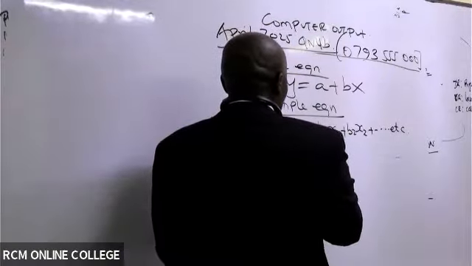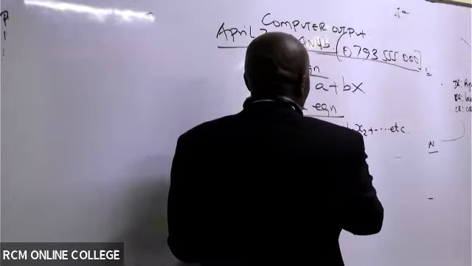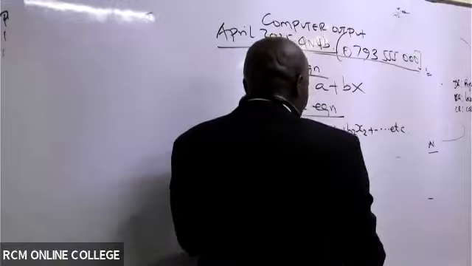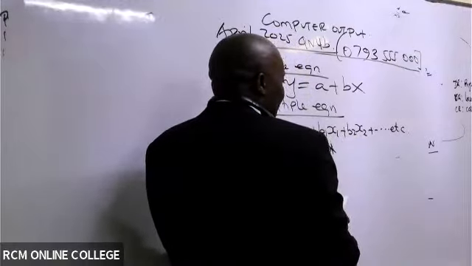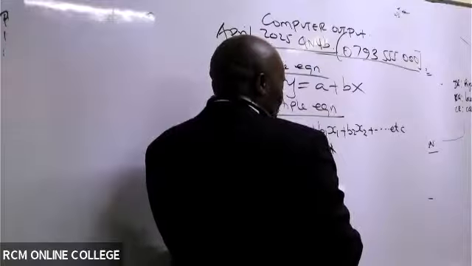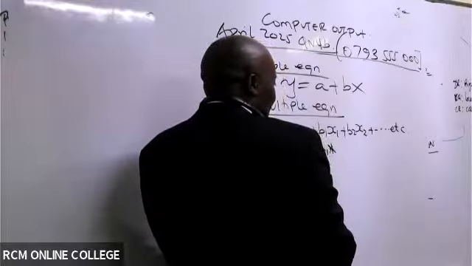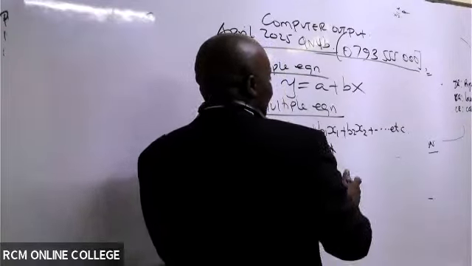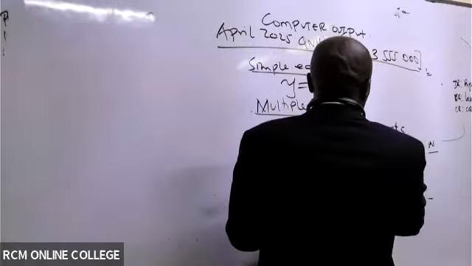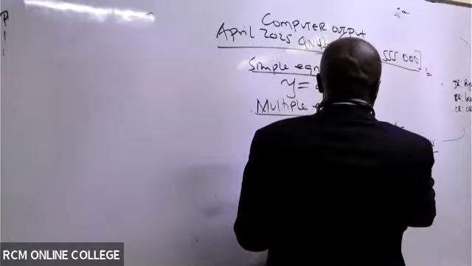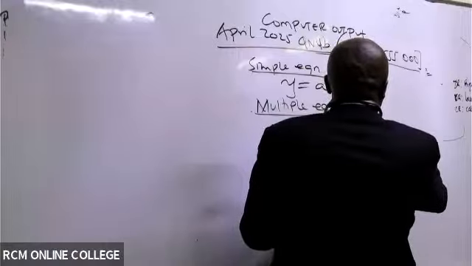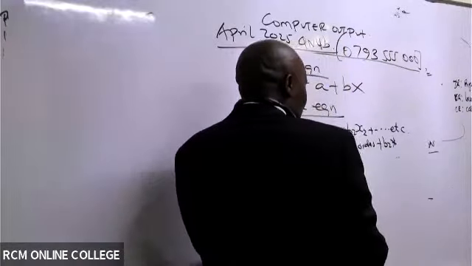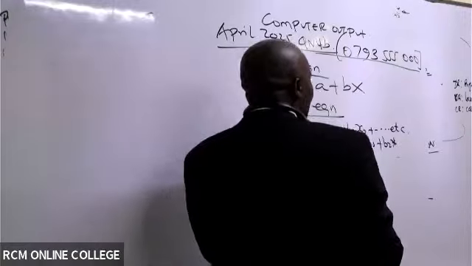I can simply write cost equals A plus B1 times X1, which will be number of orders. They've even told you there, X1 is number of orders. I can just write for revision purposes, number of orders, plus B2 times X2, which is number of kilograms.